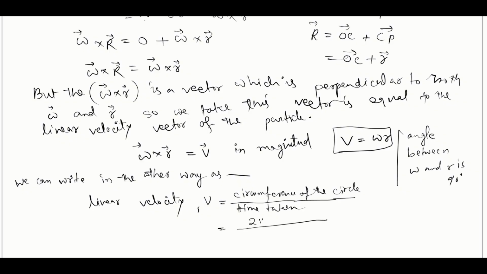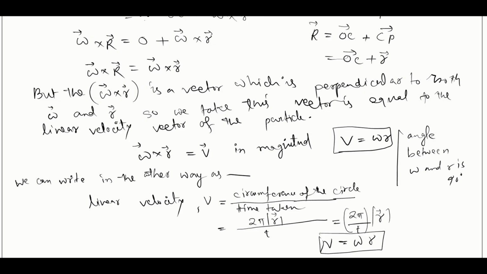Circumference means 2 pi r, time taken is t. 2 pi by t, angle divided by time, we can write as angular speed, average angular speed. This is r, so we get v is equal to omega r.